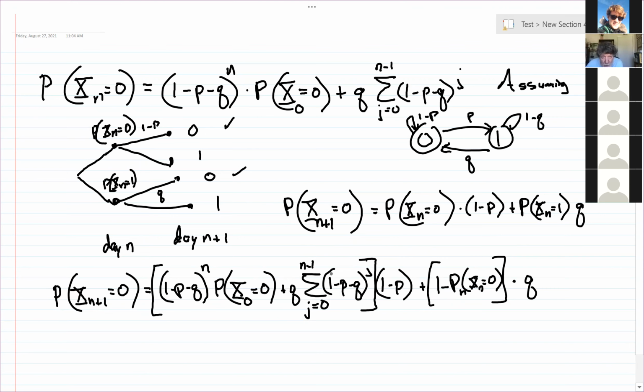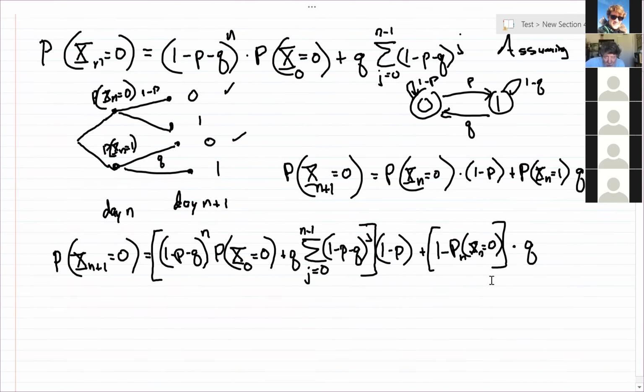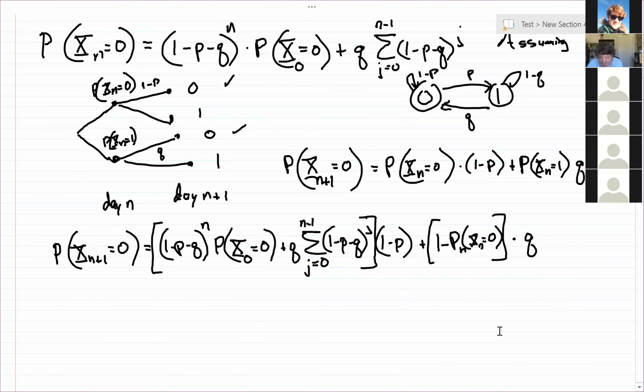I've substituted in what this thing was in here, but I didn't substitute that same nasty expression in here. So let me write it one more time, hopefully. All of this stuff is 1 minus P minus Q.